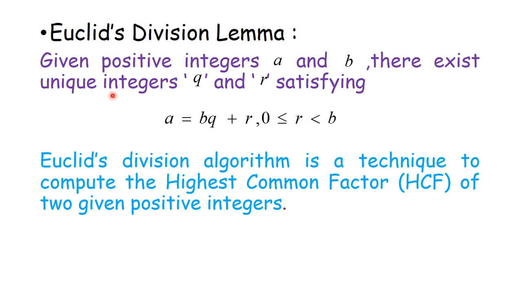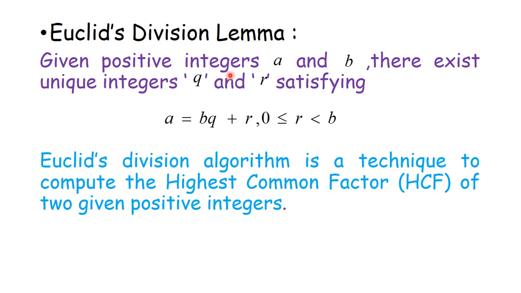The same result we have used earlier also, but there we were getting unique whole numbers, but now here we are getting unique integers. So this quotient q and remainder r are the unique integers. So this is Euclid's division lemma.